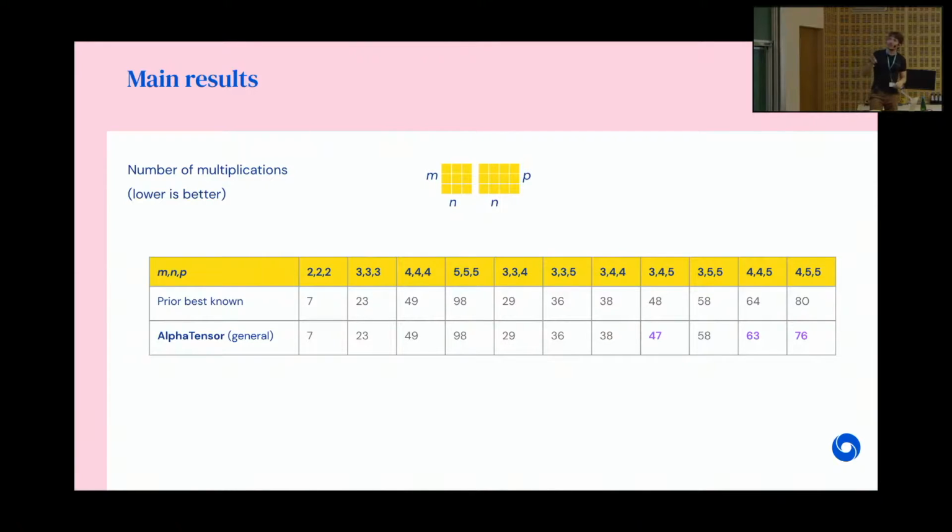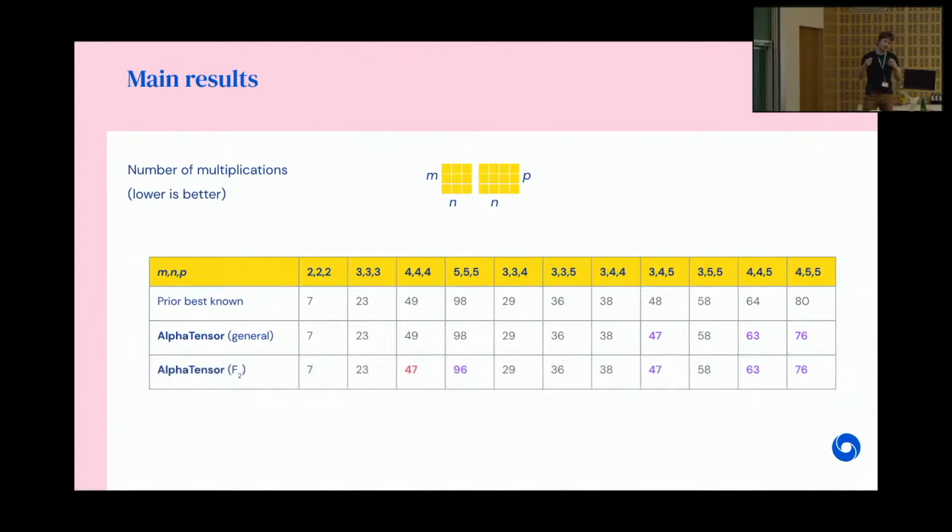And so it's very easy to modify AlphaTensor to discover more specialized algorithms for a specific field, such as F2, arithmetic modulo 2. And in this more specialized case, it's been able to discover algorithms that are even faster, including for these cubic cases where we multiply 4 by 4 matrices and 5 by 5 matrices.